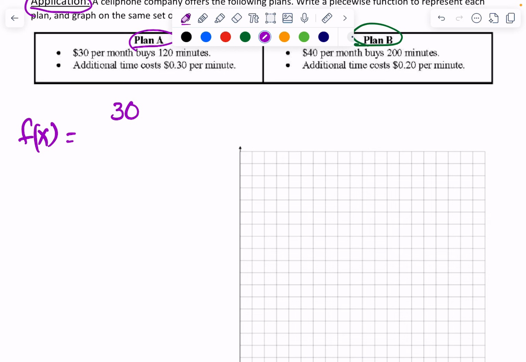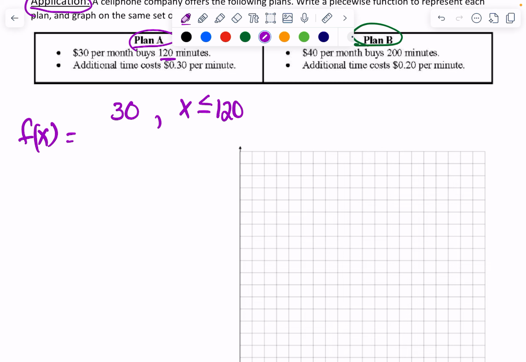Now, this one's a little bit trickier. So, okay, hold on. Let me take that back. So $30 buys 120 minutes. That means that you pay $30 whether or not you talk the 120 minutes.